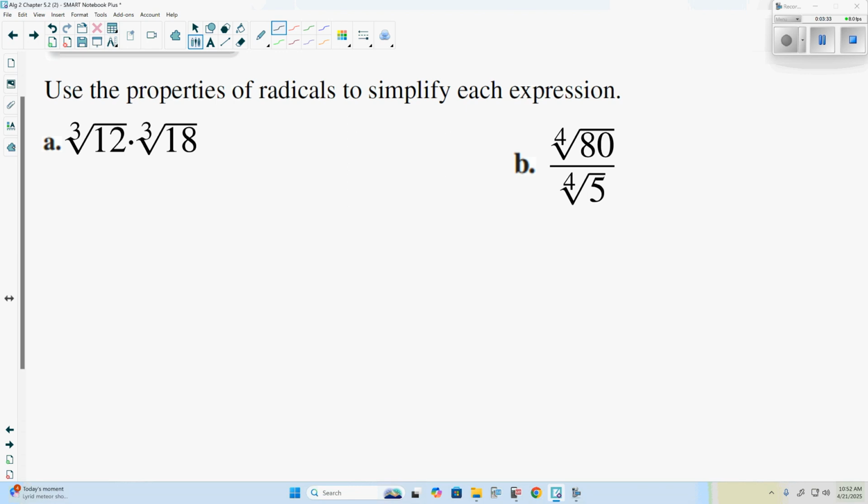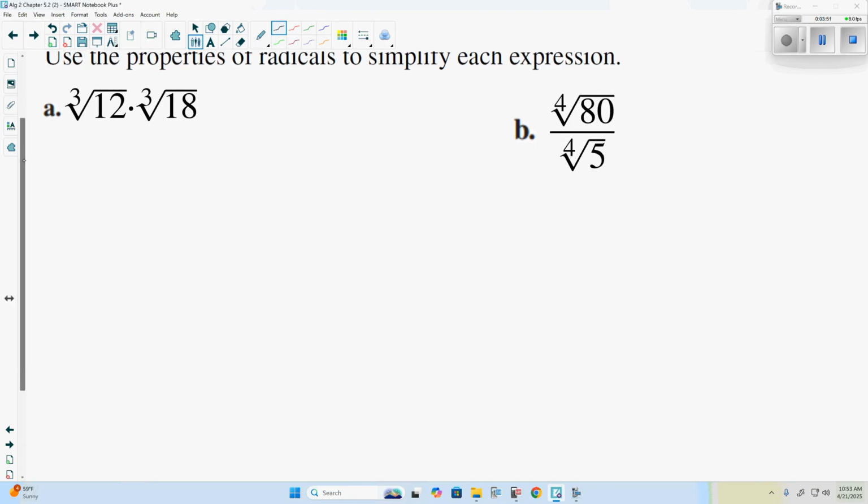So if the cubed root of 12 times the cubed root of 18 simplifies to an integer, a number without a radical, it will do it for cubed roots and above. But if it has something left inside the radical, it doesn't simplify completely. The TI-30Xs will still give us a decimal answer. It will not give it to us in radical form.